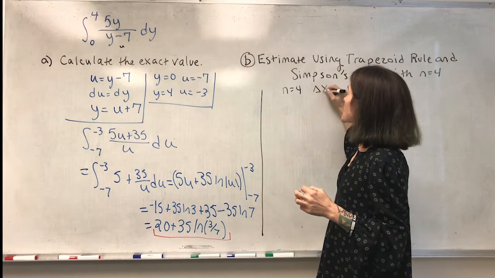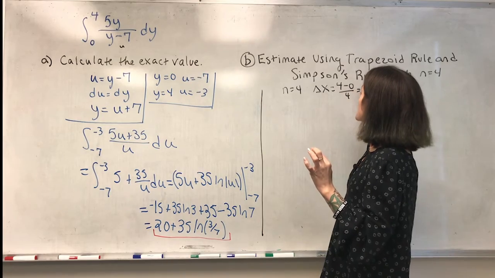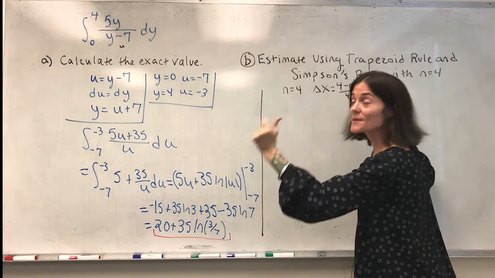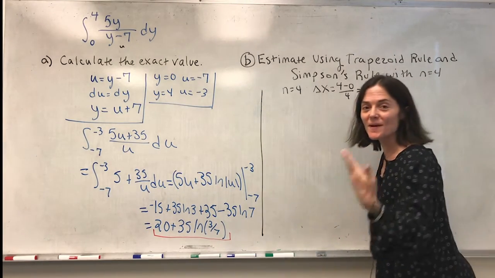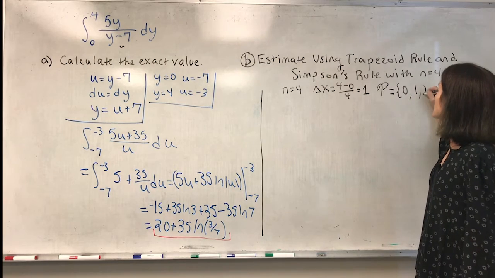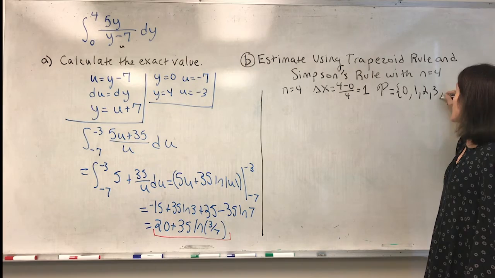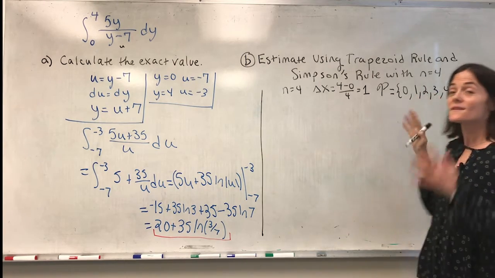So delta x, (b minus a) over n, is 1. And our partition P, you start at the lower limit of integration, which is 0, and you start moving forward by delta x until you get to the upper limit.